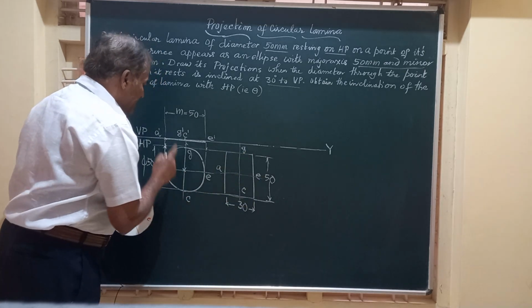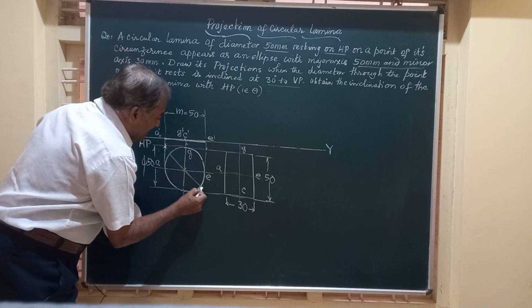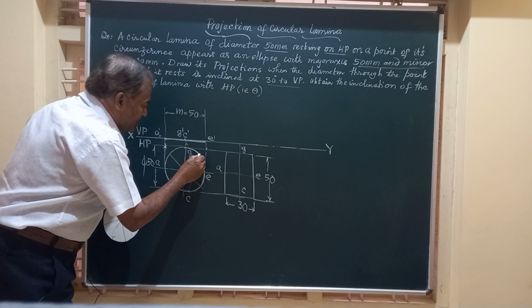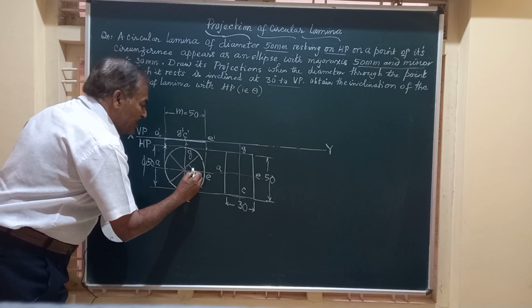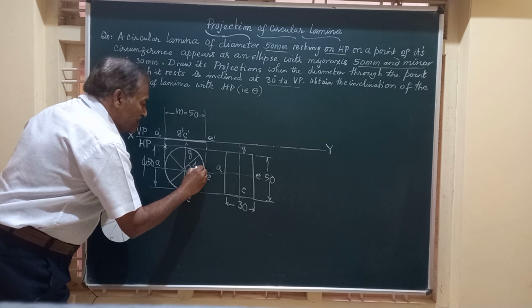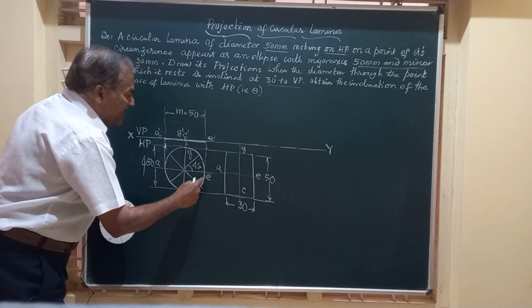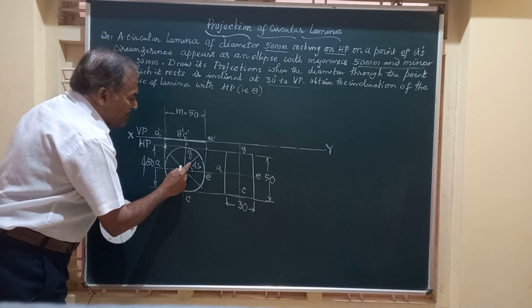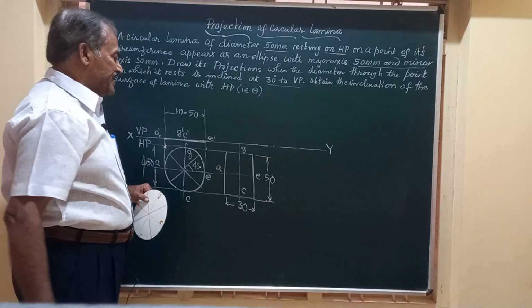So here in the first position I am going to draw lines at an angle of 45 degrees to the horizontal. So this is 45 to the horizontal. The whole circle gets divided equally into 8 equal parts, and the angle between any two radii will be equal to 45 degrees.